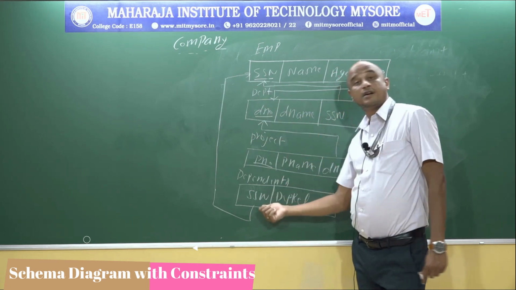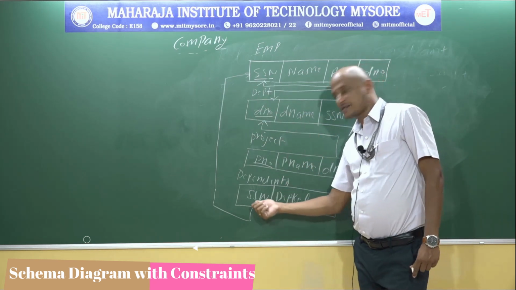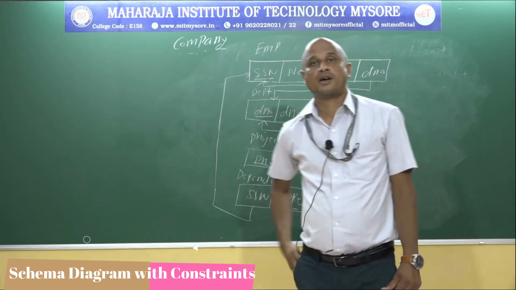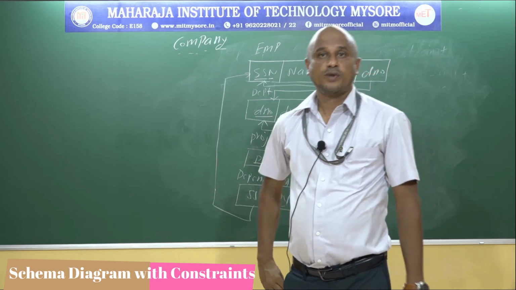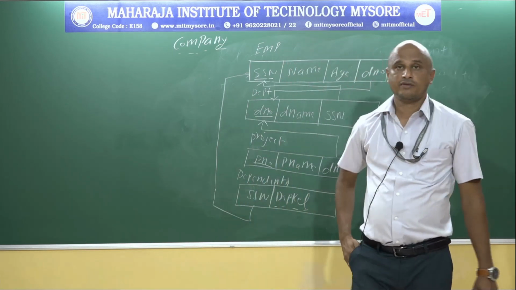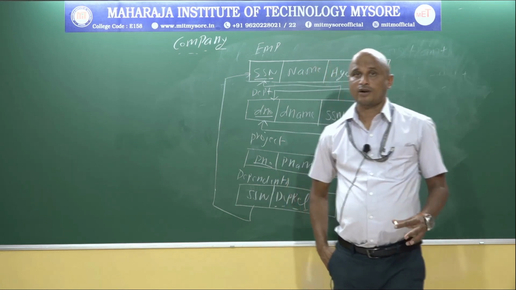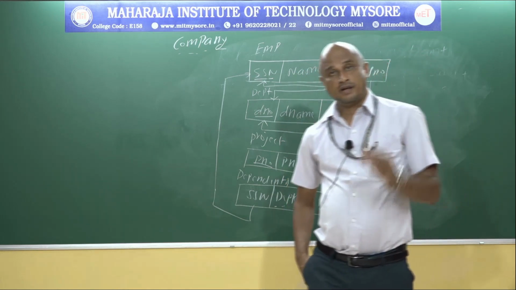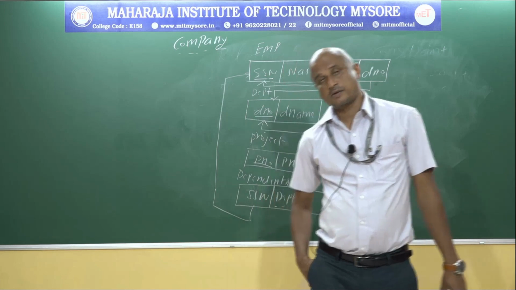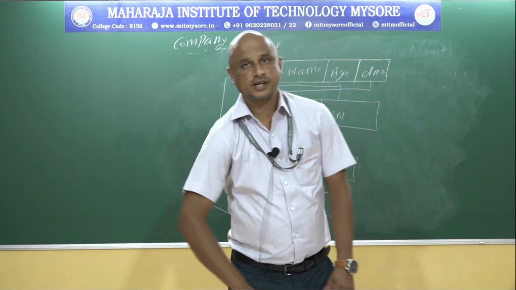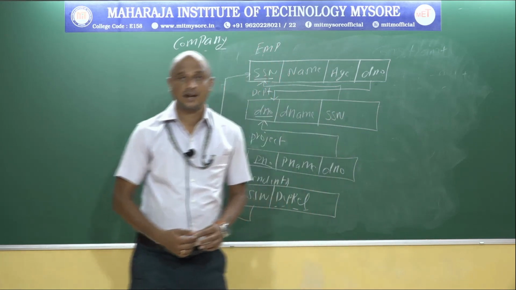Dependent is a weak entity that refers to the strong entity, employee SSN. This is a simple way of identifying the primary key and foreign key in a given database with various tables.